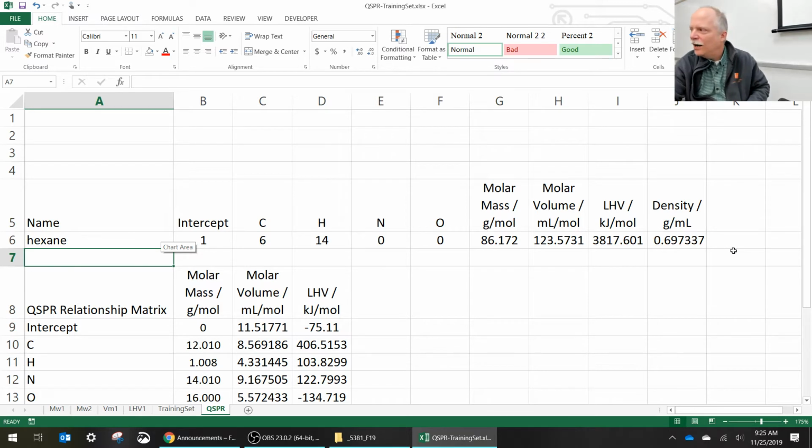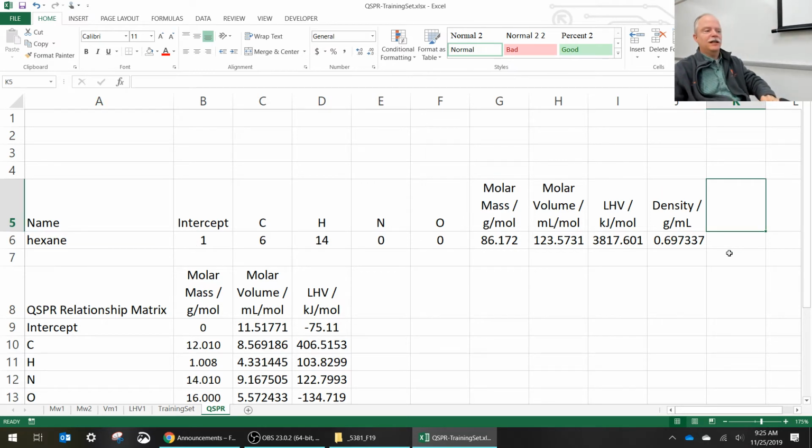But we don't buy our gasoline, like hexane, by the mole. If you're in an industry, you buy it by mass. You buy so many pounds. And so we could calculate the energy density in terms of mass.